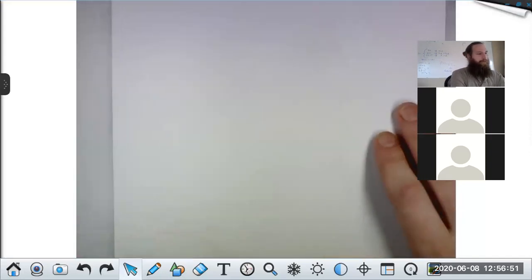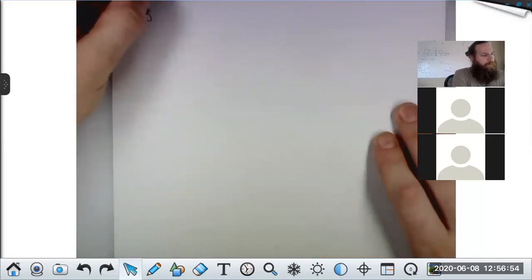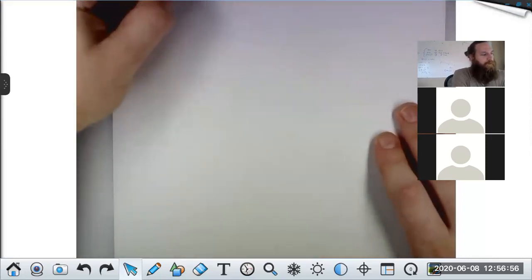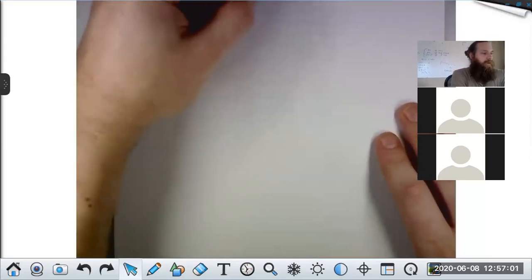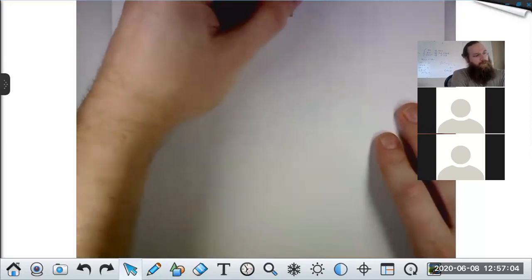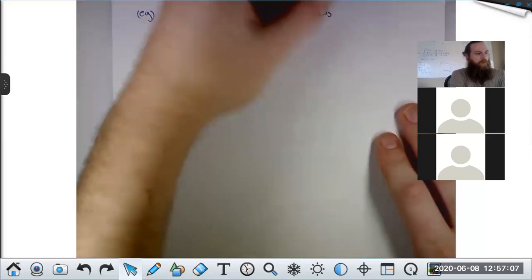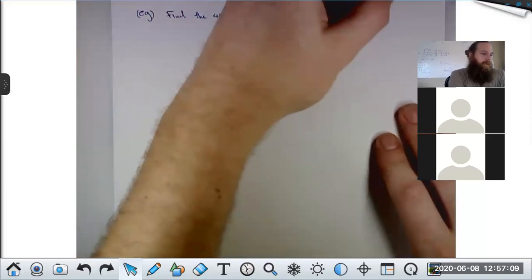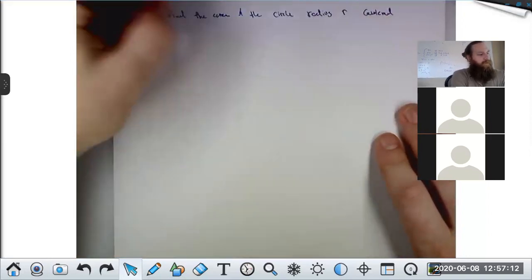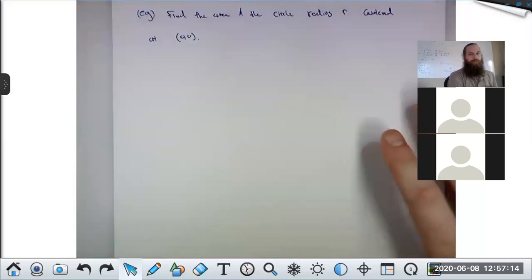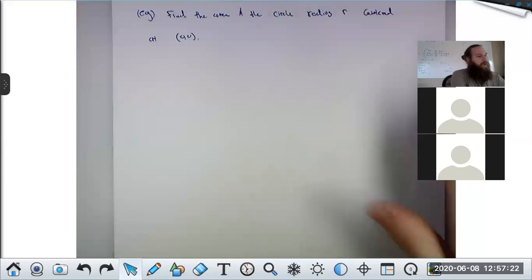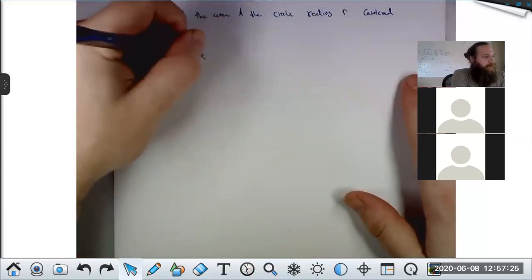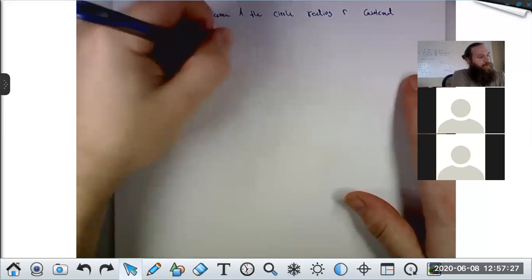So first, as an example problem, let's find the area of the circle of radius r centered at the origin. Remember, the equation of such a circle is x squared plus y squared equals r squared.